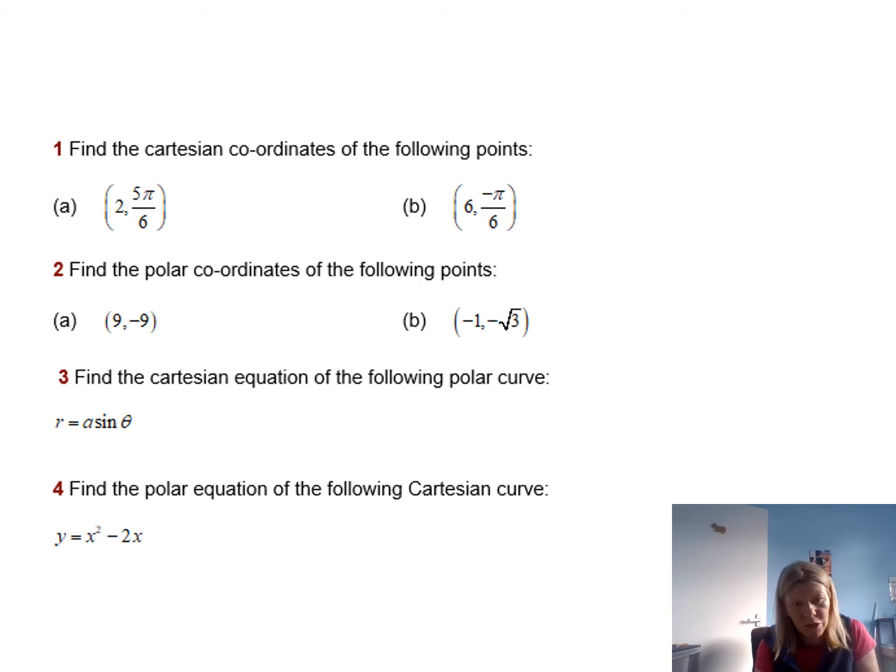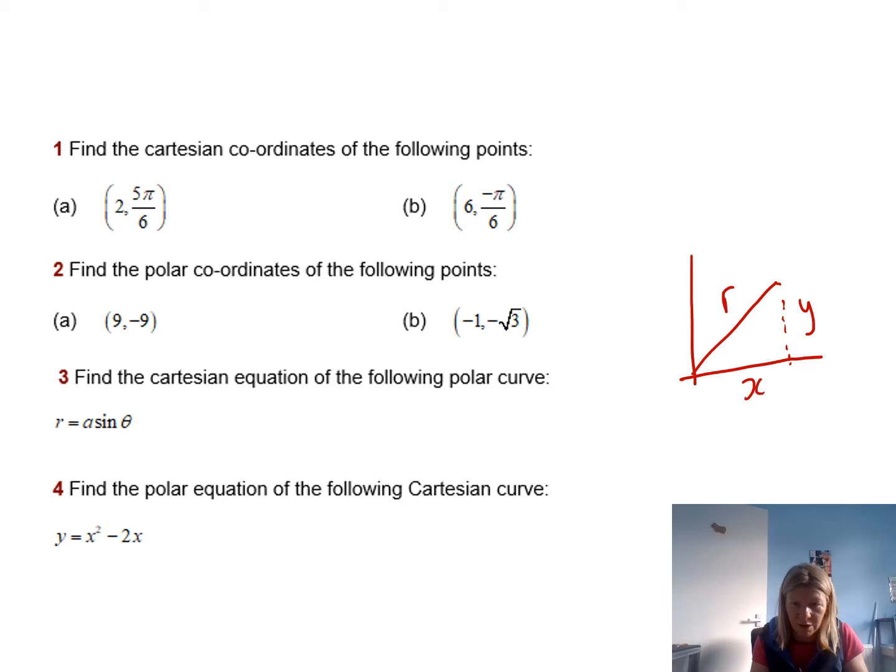And then question 3, find the Cartesian equation of the following polar curve. If you remember that, let me just draw a little diagram here. You have to use that fact. That's r, and that coming down there is y, that coming along there is x.